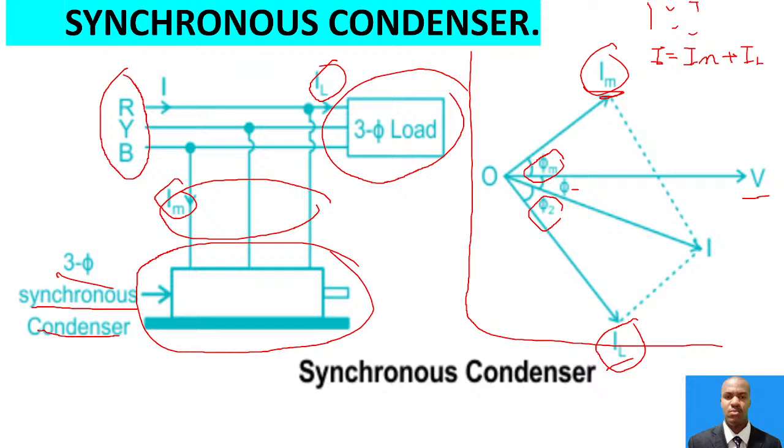So this implies that our power factor increases from cos phi 2 to cos phi, and therefore our power factor is improved.